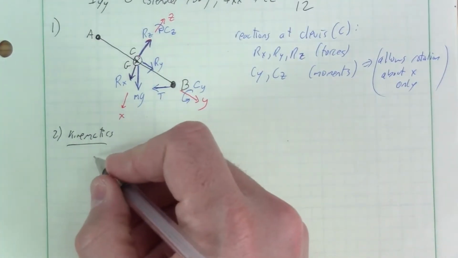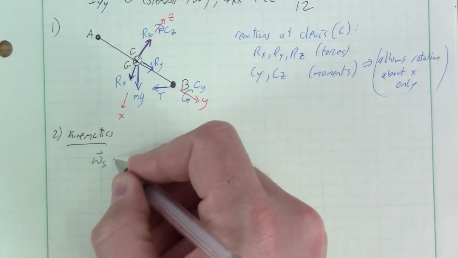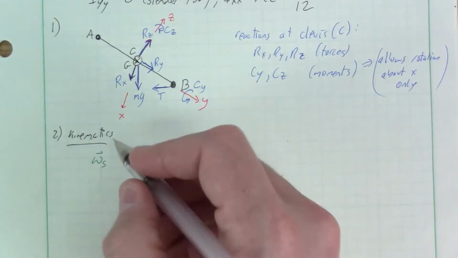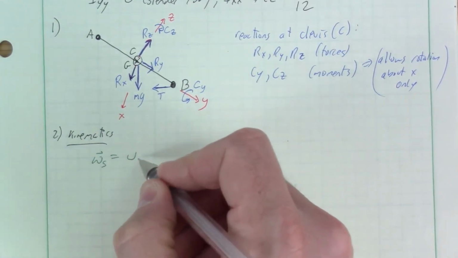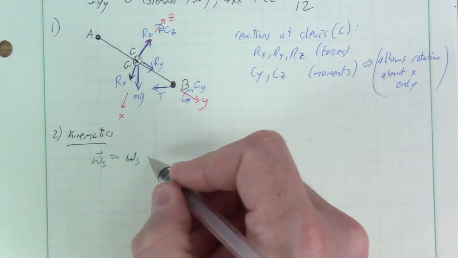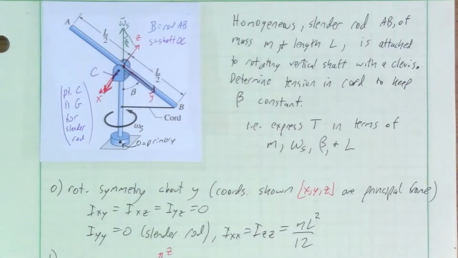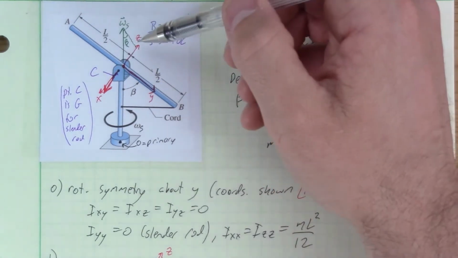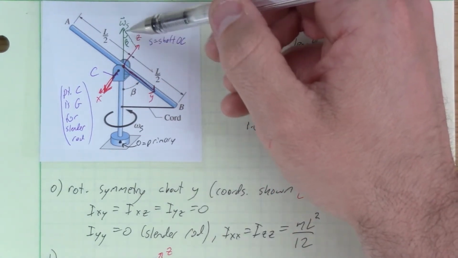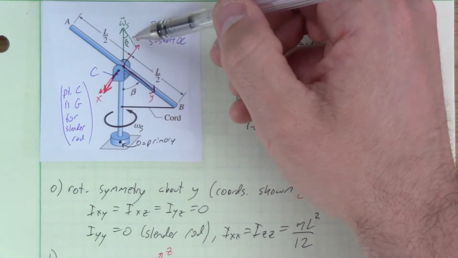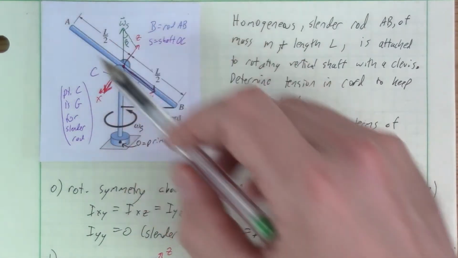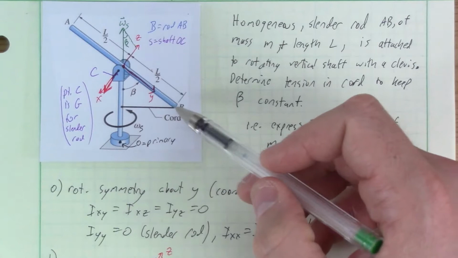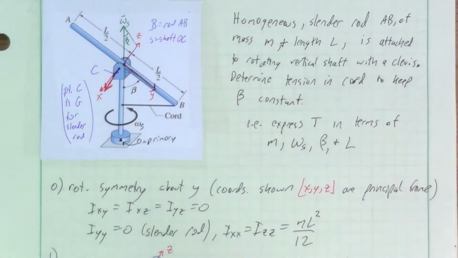Okay, so this is before we get into any of our relationships. The omega of the shaft, or the omega of the secondary reference frame, has magnitude omega s, and it's actually in the minus j hat direction. Do you see how that component in the y direction is actually going up towards A, which is negative j hat, as we've defined y there?